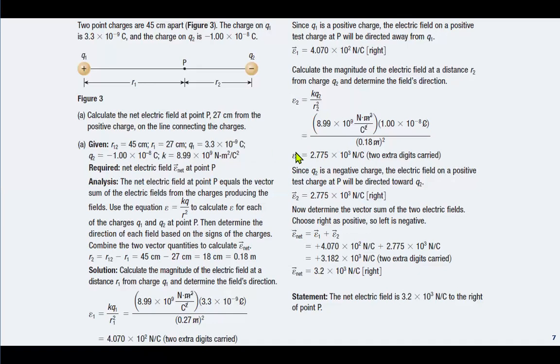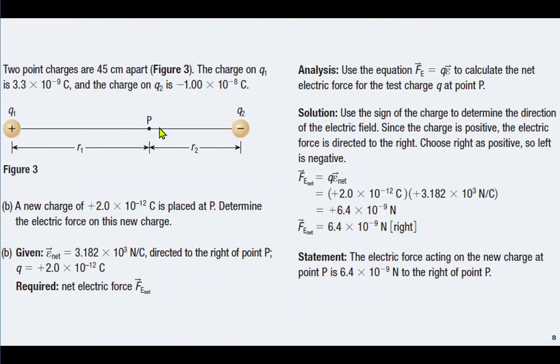Then if we know the electric field strength at this point P, for any given point charge at this point, we should be able to find the net electric force due to the electric field strength here. So we can use the equation Fe equals Q times epsilon to calculate the net electric force for the test charge Q at point P. So Fe net equals Q epsilon net at point P. Again, you know Q and also epsilon net.